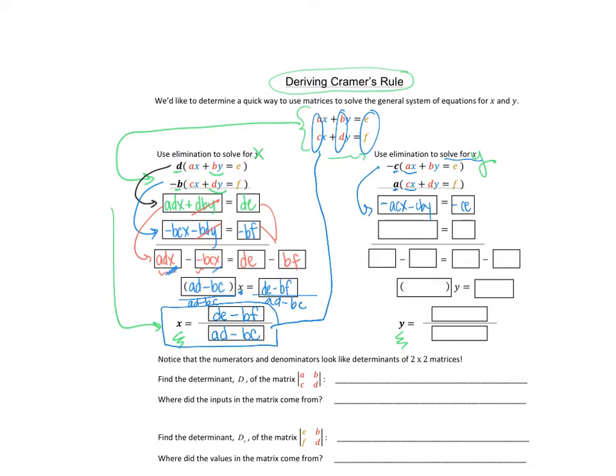The second equation becomes acx plus ady equals af. And you can see exactly what we wanted. The negative acx and positive acx cancel out.